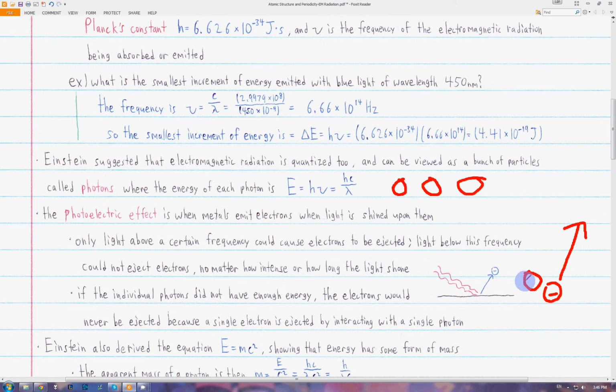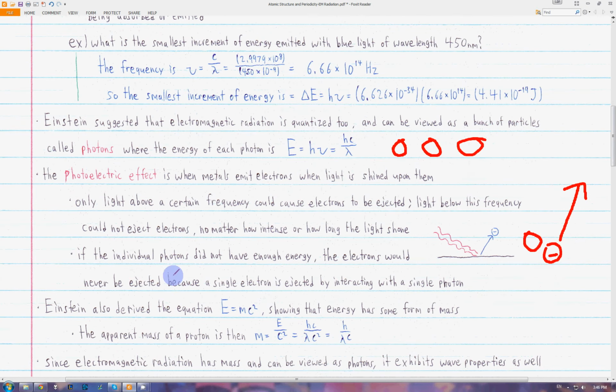So if each individual photon does not have enough energy, then the electron will never jump out, no matter how many photons hit it, because one photon has to have enough energy. Now, if radiation was not quantized, then the energy from the incoming light could basically add up, and eventually the electron would be emitted. But that was not the case.